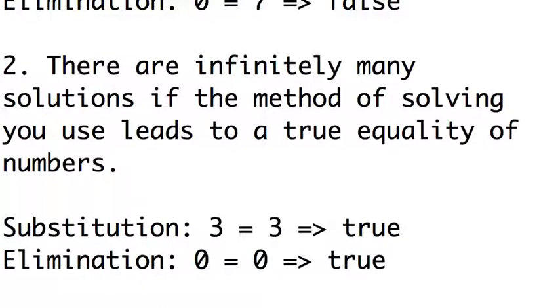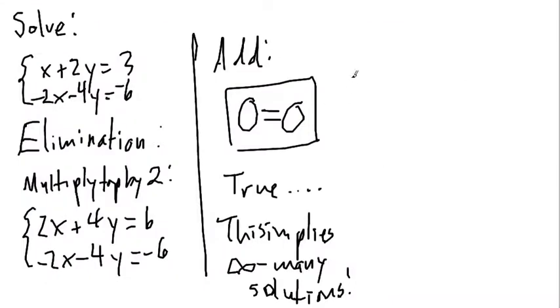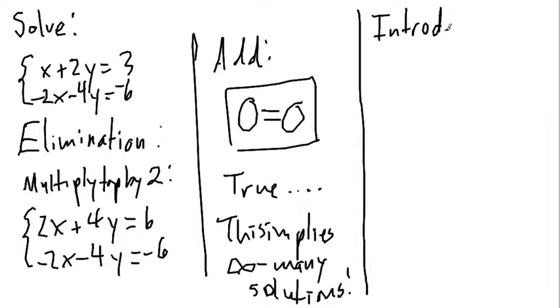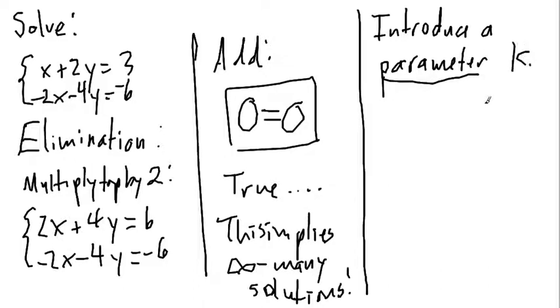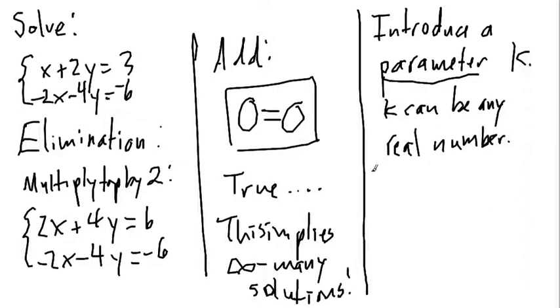Now, how can we actually sit down and write these infinitely many solutions? Well, what we do is we introduce something called a parameter. So we introduce a parameter k, and k can be any real number. So that's really what a parameter is.